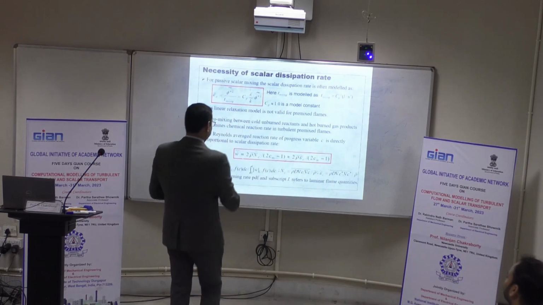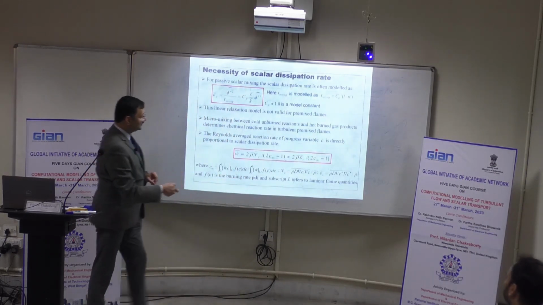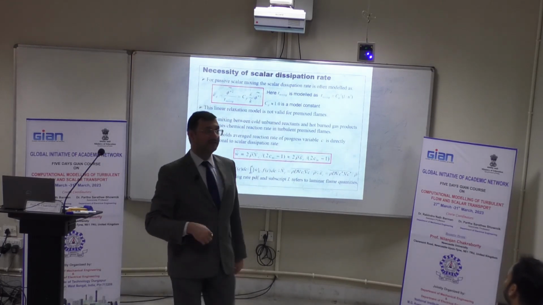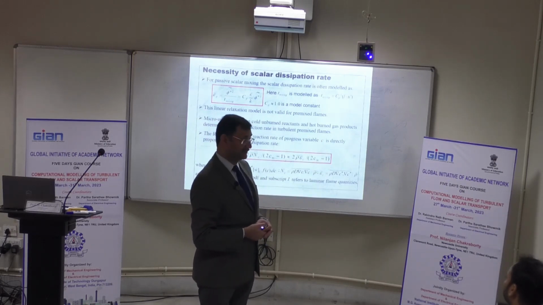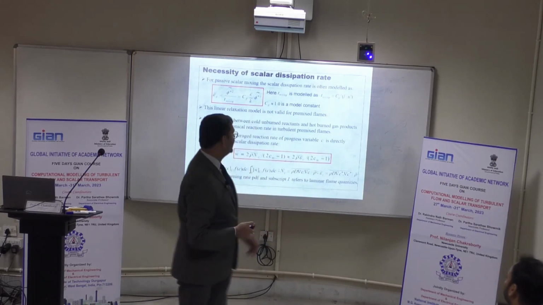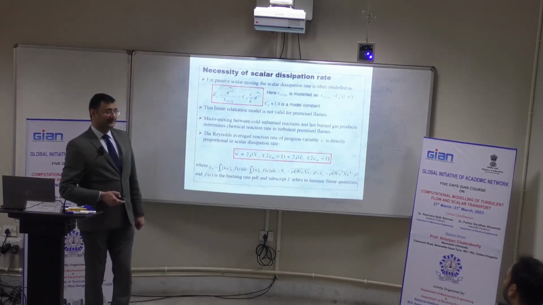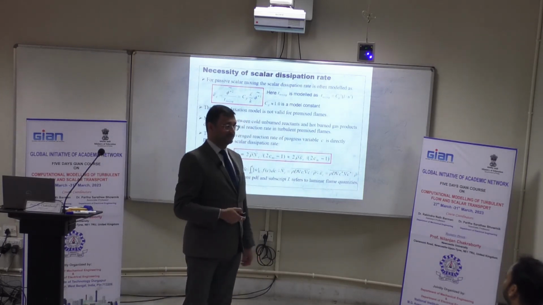It's given by this. In other words, mean reaction rate is directly proportional to the scalar dissipation rate. The higher the scalar dissipation rate, the higher the reaction rate as well. So that's why it is such an important term in the mixing as well as the reacting literature.